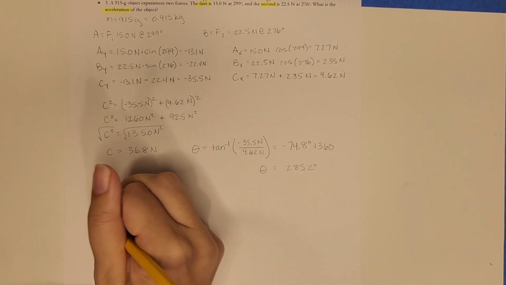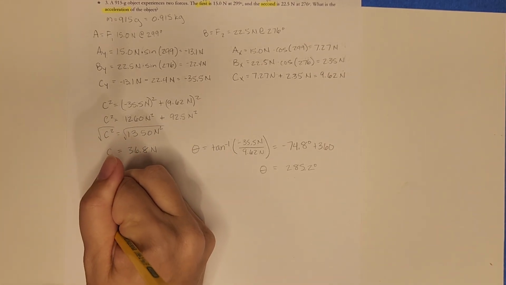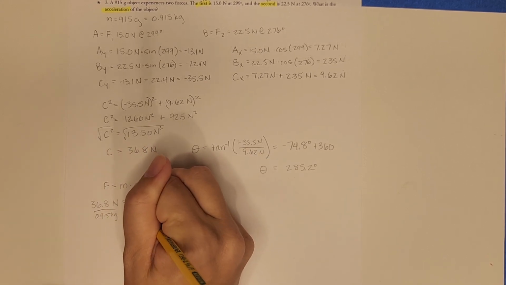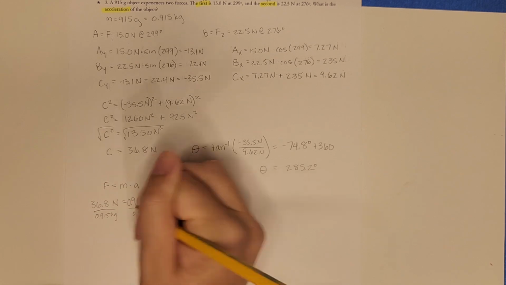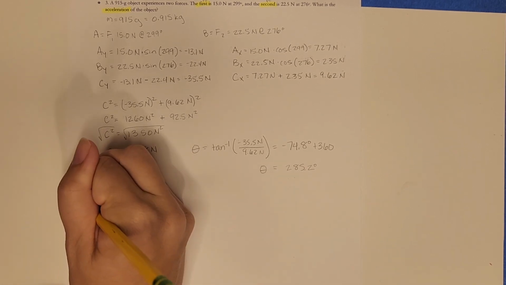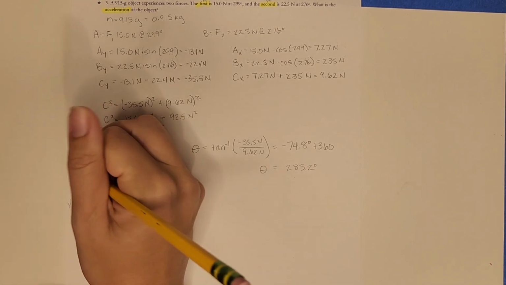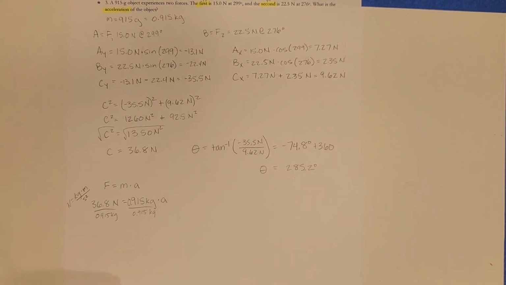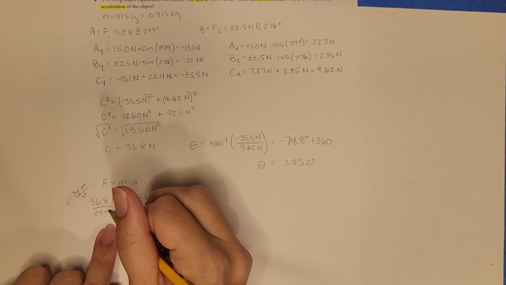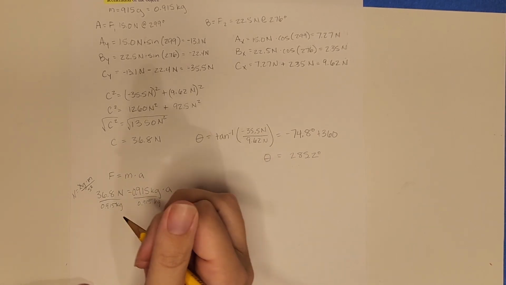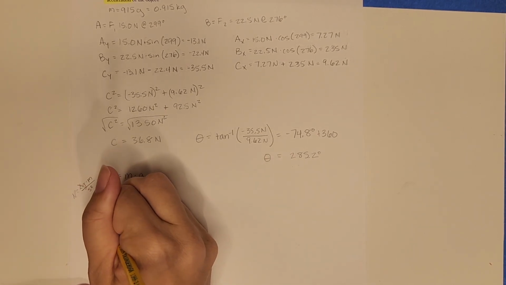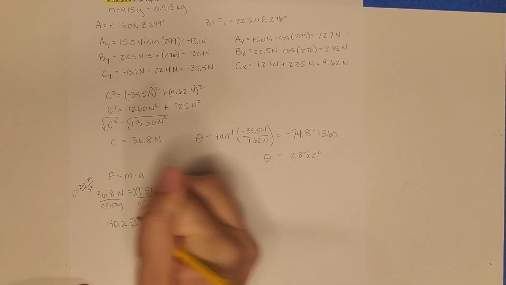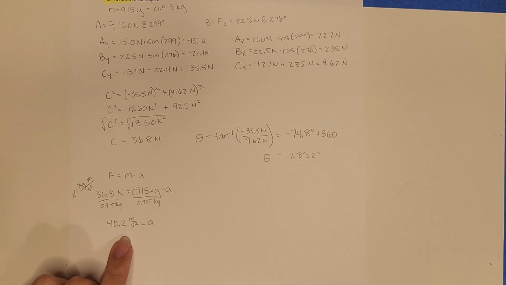So we divide both sides by 0.915 kilograms. And remember that newtons equals kilograms times meters per second squared, right? And so those kilograms are going to cancel. And our final value here is 40.2 meters per second squared equals the acceleration.